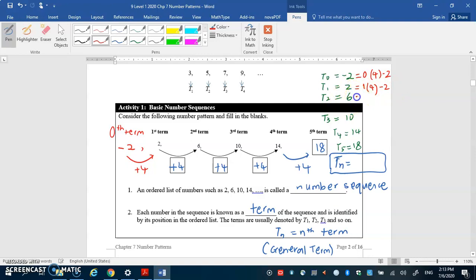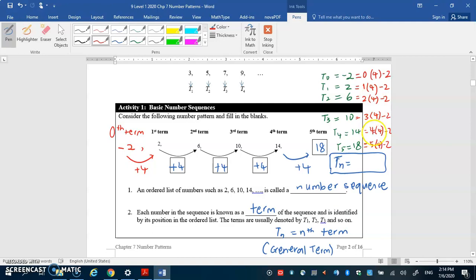Yes. For the third one, T2, I take the 2, multiply by the common difference, and minus 2 again. Do I get 6? 8 minus 2 is 6, correct. Same thing here, 3 times 4 minus 2, I get 10. 4 times 4 minus 2, I get 14. 5 times 4 minus 2, I get 18.